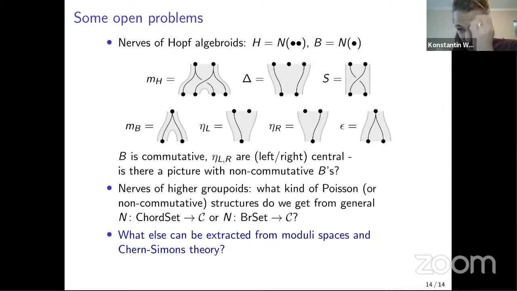So you were looking at a square where you had boundary conditions coming from a Manin triple. So that's like a splitting of your Lie algebra into Lagrangian subalgebras, right?